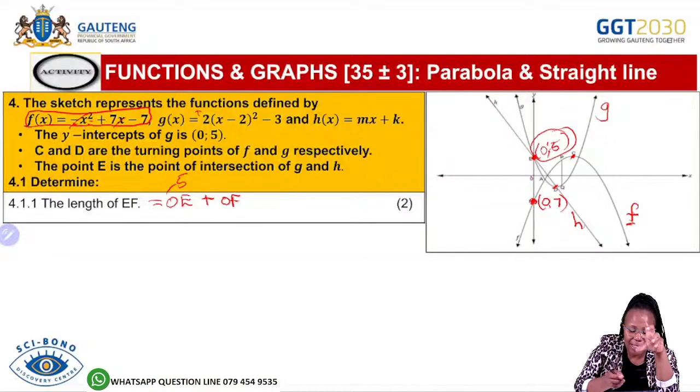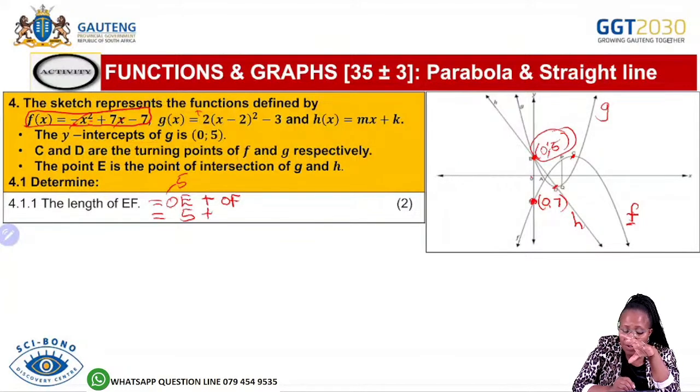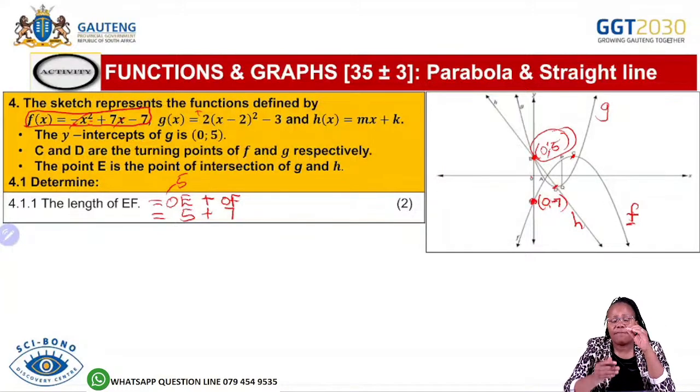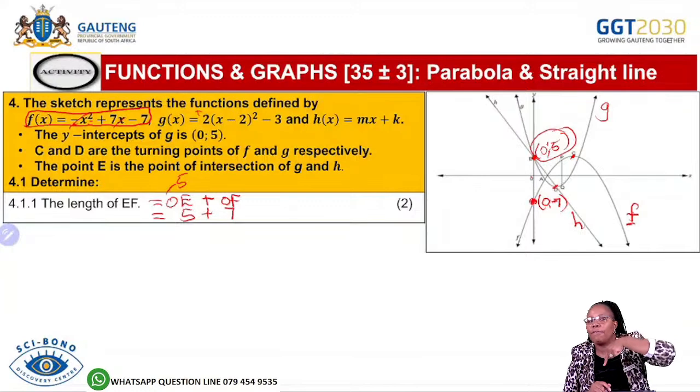So what is the distance? OE is 5 units plus the 7 units downwards. That is -7 actually. But now because we are talking about distance, we cannot say that if I'm going down I'll be counting negative.